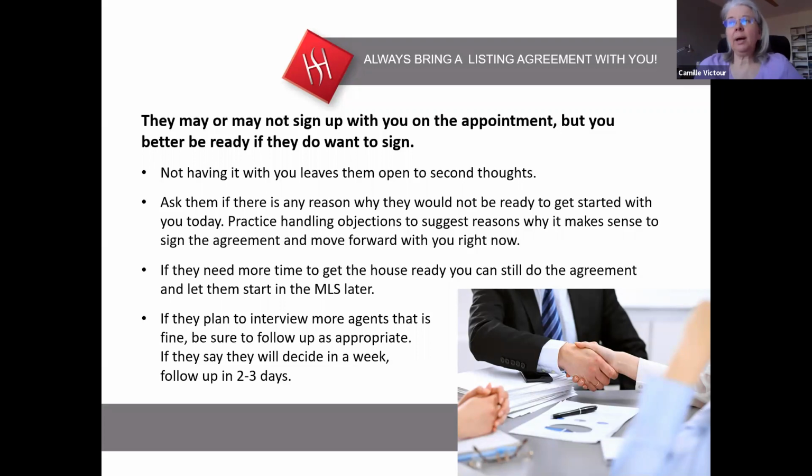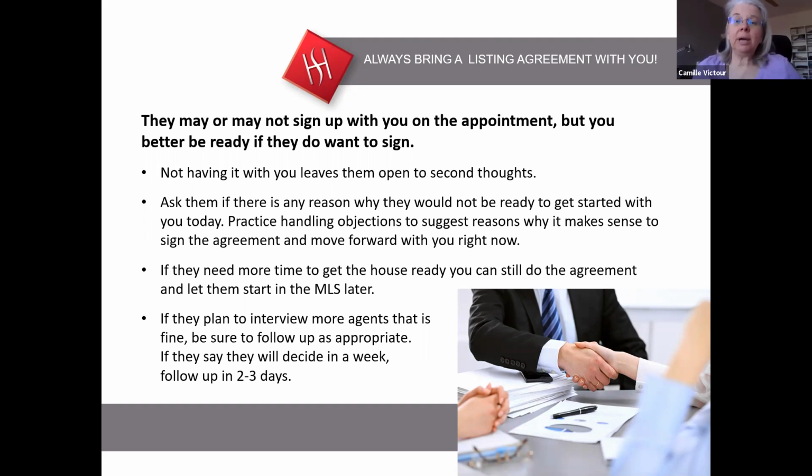And they might say, well, we just want to see what other agents have to say about the price, or we want to see somebody else's marketing plan, or my wife's cousin is a realtor and we have to give her a chance. Okay, you can't really argue with some of those, but you could. On the others, you can say, you know, well, the price is the price. I don't set the price, the market does.